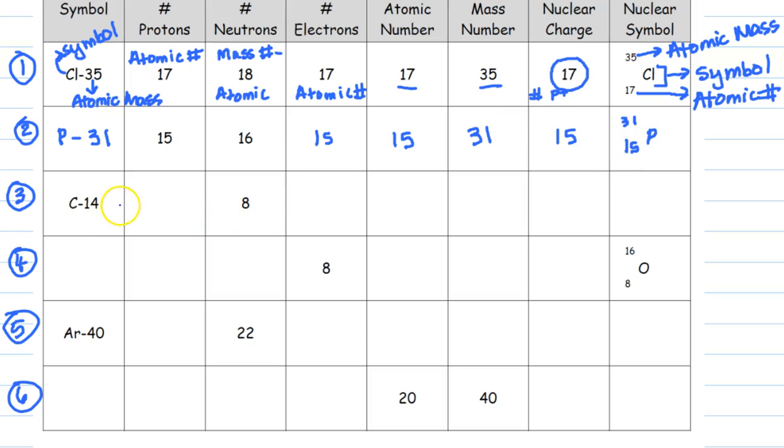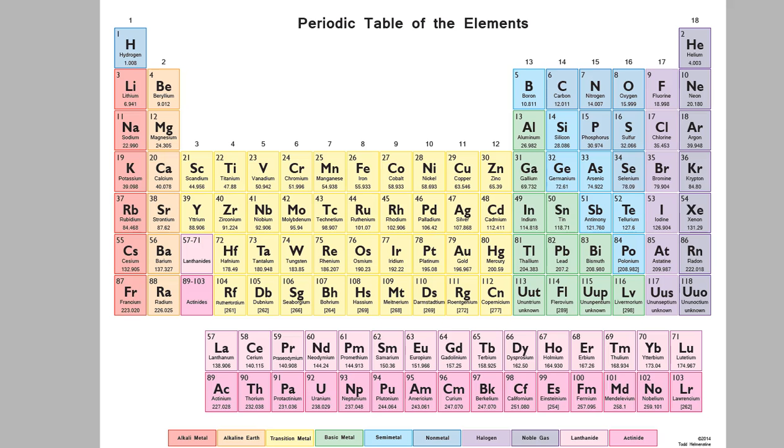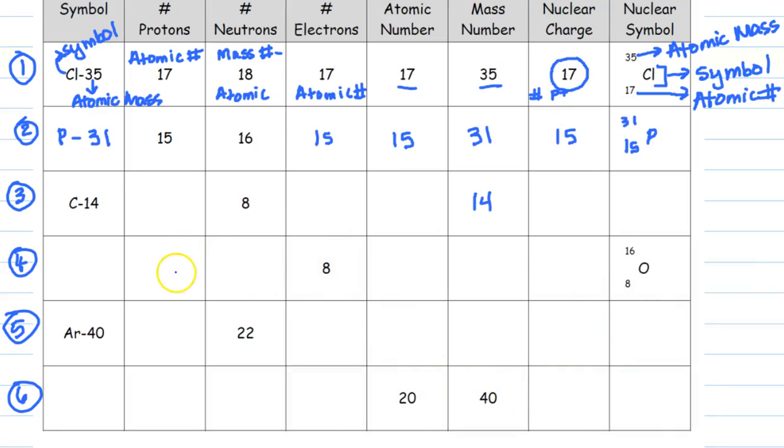Now, for number 3, we're told that we have carbon 14. So our mass number is going to be 14. Carbon, we can look at the periodic table and see that from the periodic table, carbon has an atomic number. Remember, the atomic number is the whole number. So carbon has an atomic number of 6.